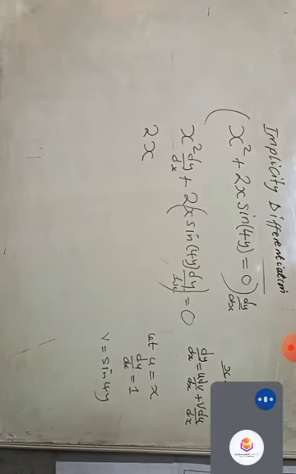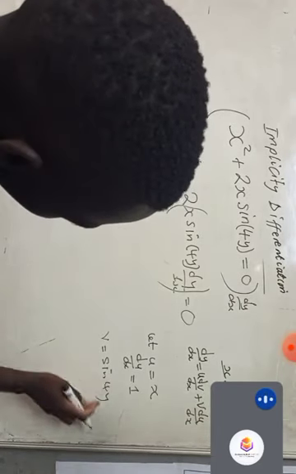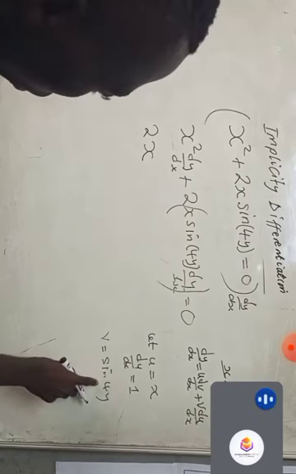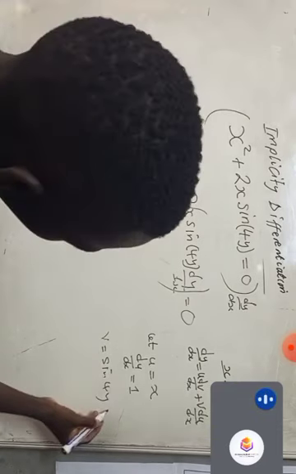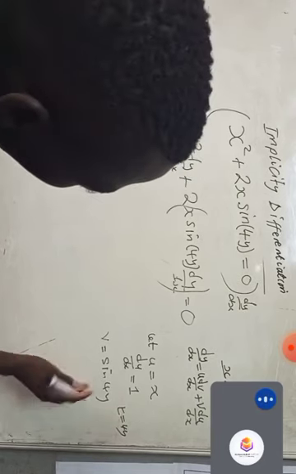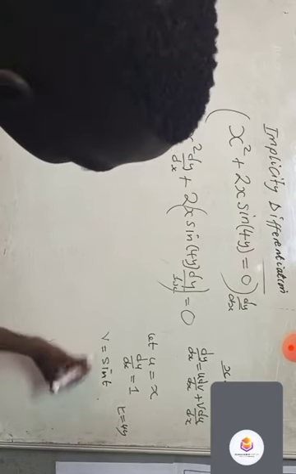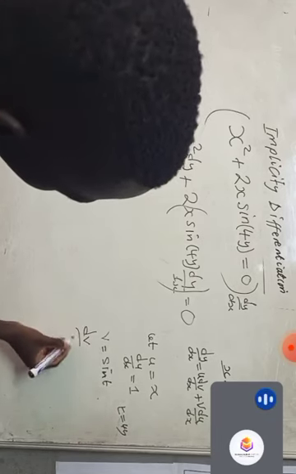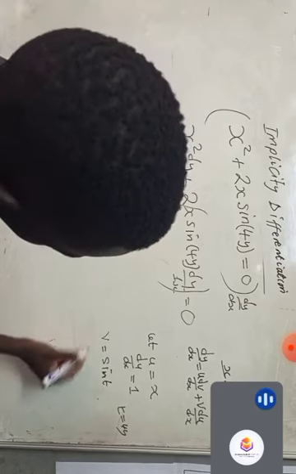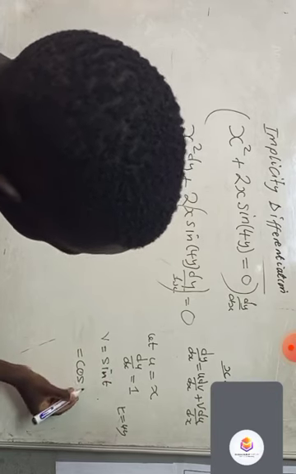Again, the chain rule applies. You're going to replace 4y by t, so t is equal to 4y. Now there is t, and when you differentiate sine t, you are going to have cos t.